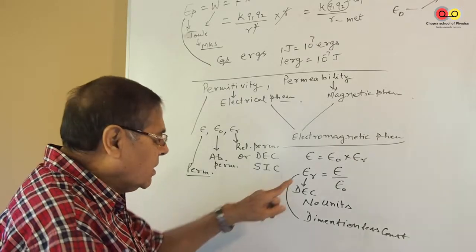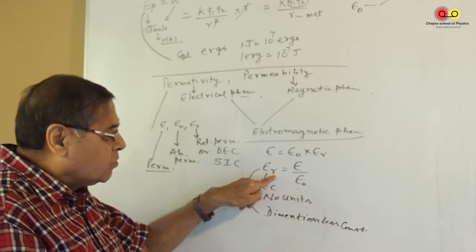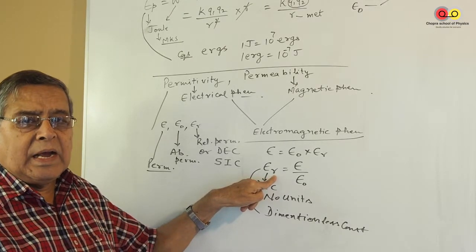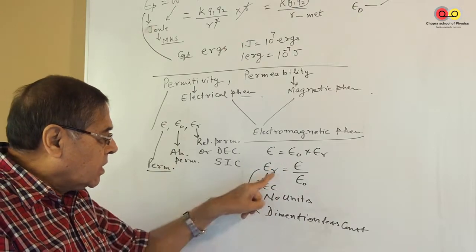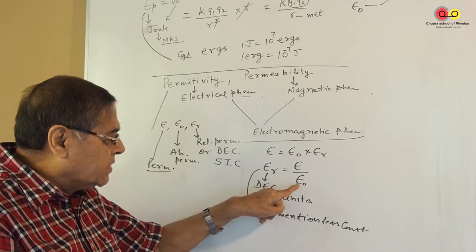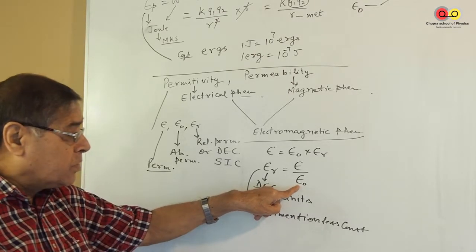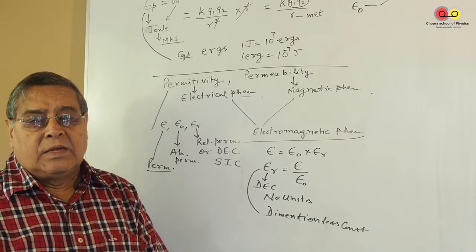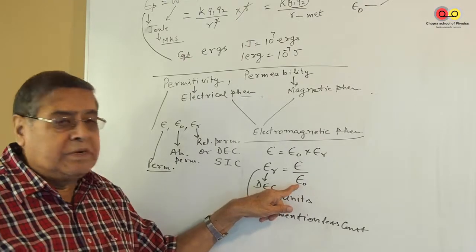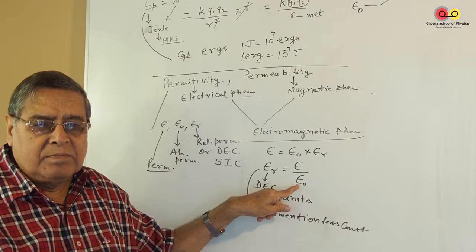It means that relative permittivity is always calculated with respect to absolute permittivity. So point to remember, a relative number is always estimated with respect to an absolute number. But the absolute number remains constant. It does not change. So you remember, absolute permittivity of different mediums will be different.